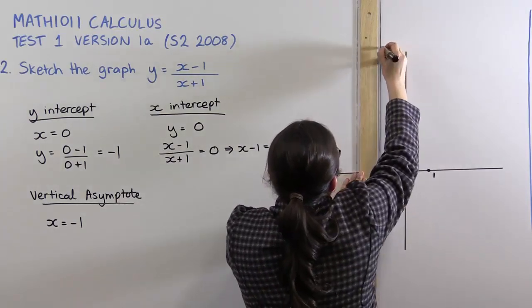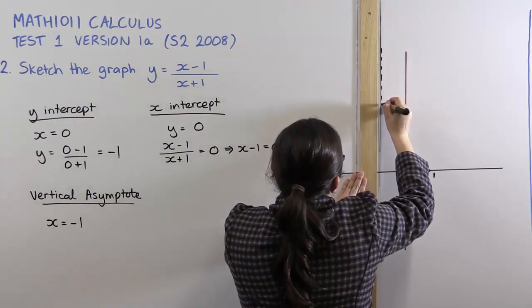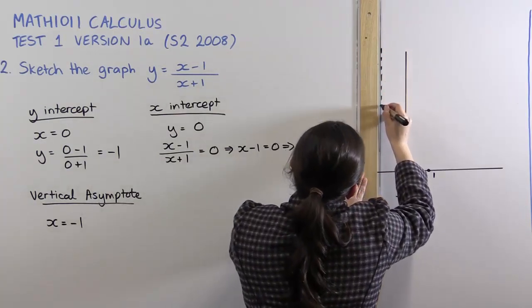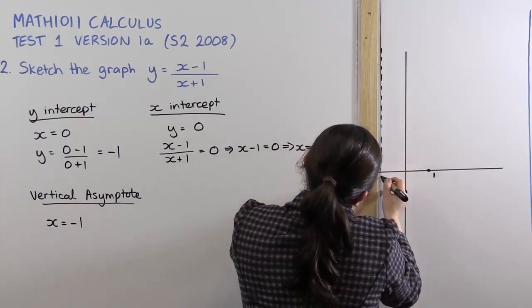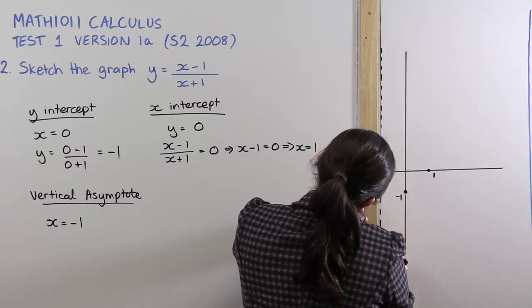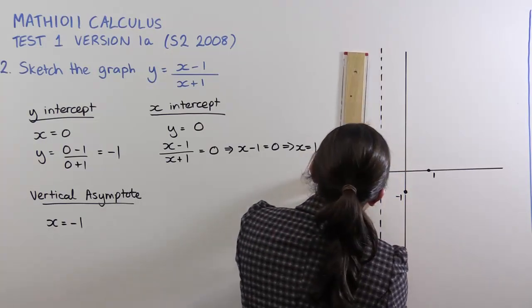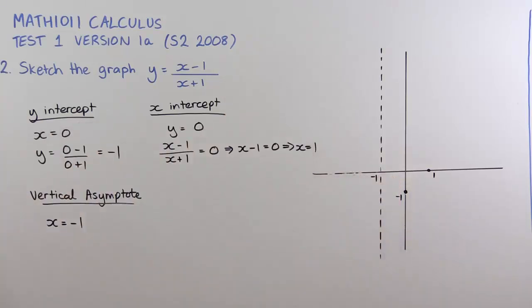So we'll draw that as a dashed line. So that's a line that the graph is going to approach, but it's not going to touch. So here's our vertical asymptote. Now that's not much to go by to draw a graph.